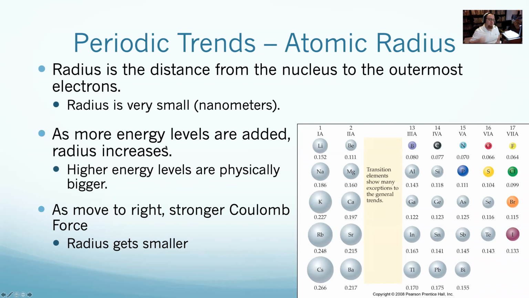Of note, when you go to the right on the periodic table, there are more electrons and protons. That means there's a larger force. So moving to the right on the periodic table is going to be a smaller radius. And so there's actually a periodic trend here. That radius goes up anytime you move down or to the left on the periodic table.